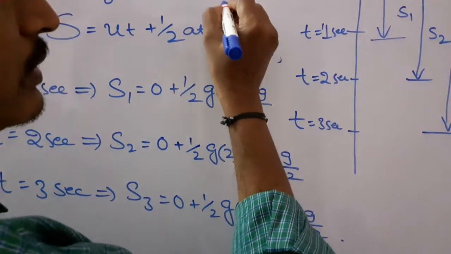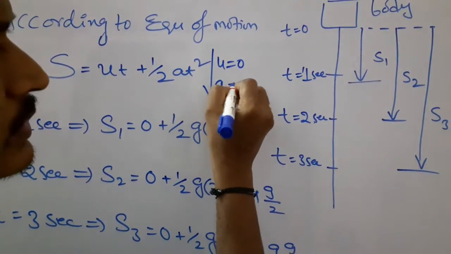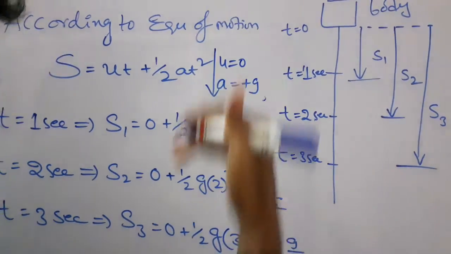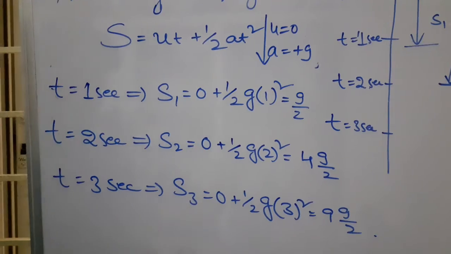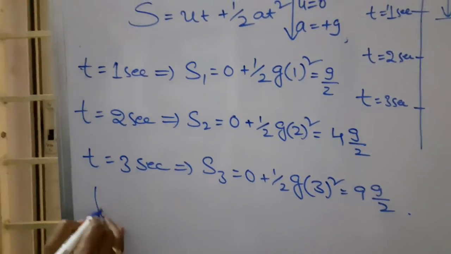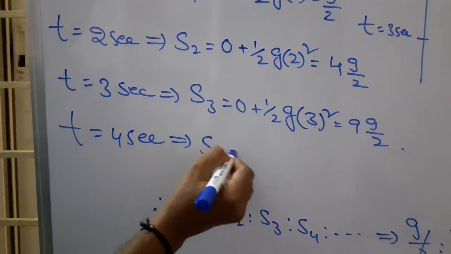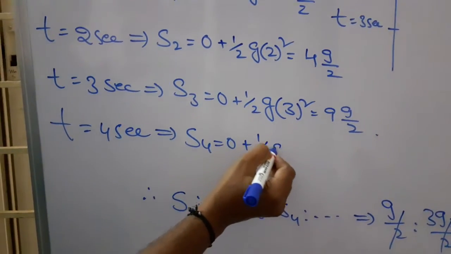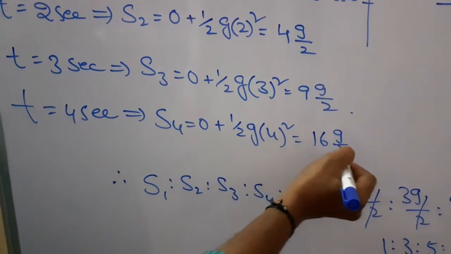Conditions for freely falling body: u is 0, a is equal to plus g, comes down under gravity. Now t is equal to 4 seconds, you can find S4 is equal to 0 plus 1 by 2 g into 4 square, that is 16 g by 2.